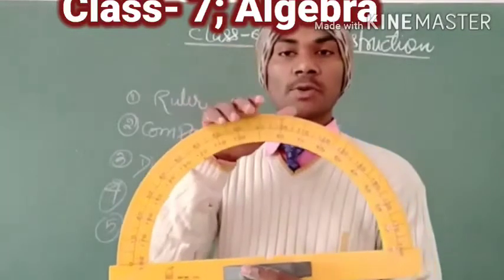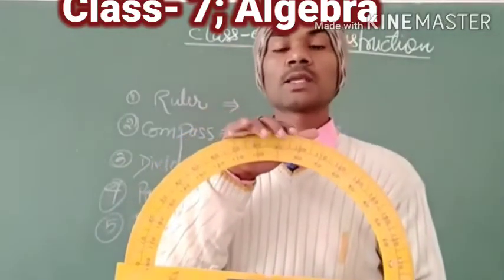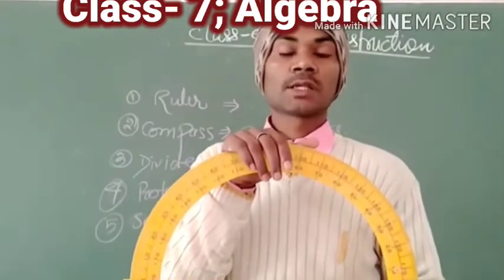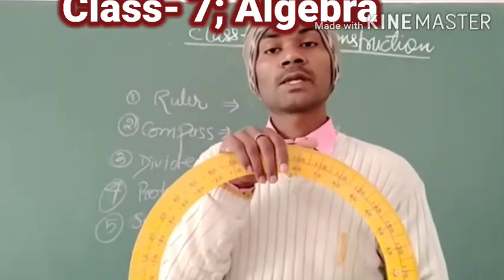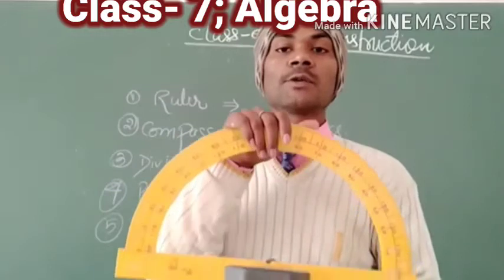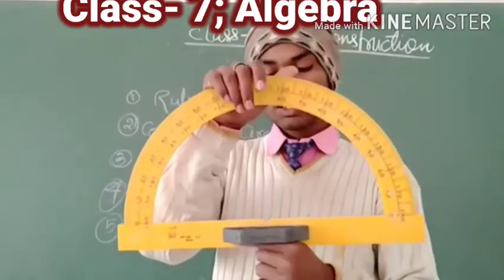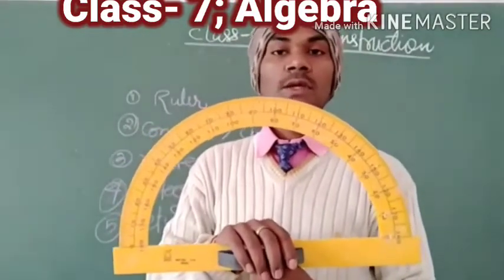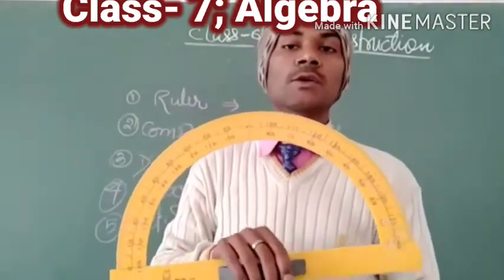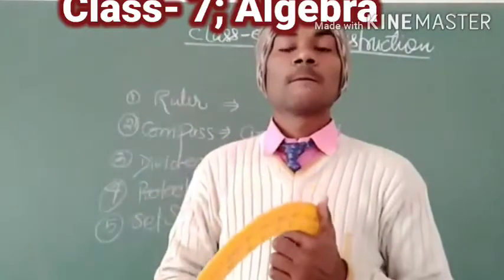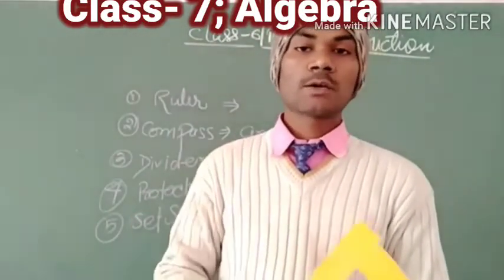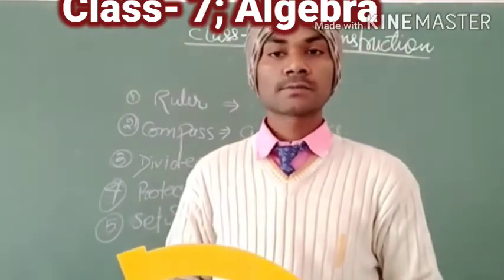We set this protector along the base of the given figure and then we measure the angle from its origin. So it is also important for construction. Using the protector, we can measure the angle in the clockwise or anti-clockwise direction.